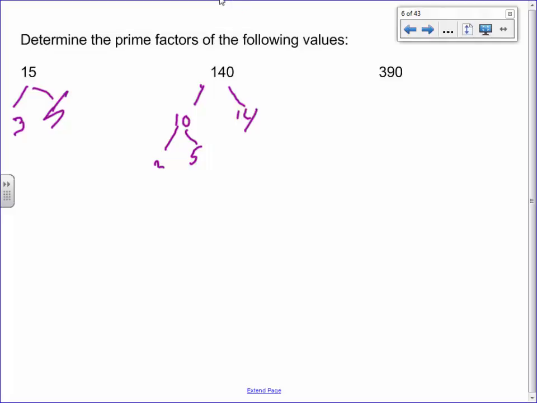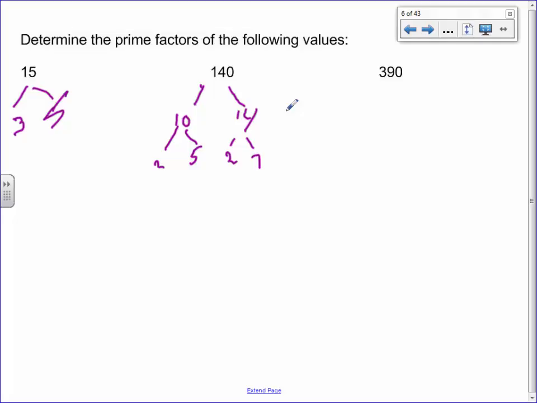Look at that 5 there. And 14 can break down into 2 and 7. Can I go any further? Okay, why not? So what are my factors?